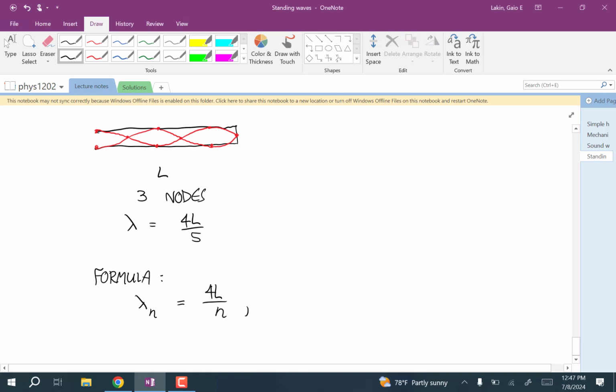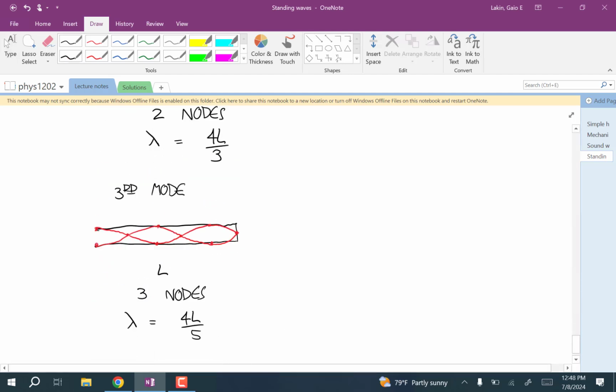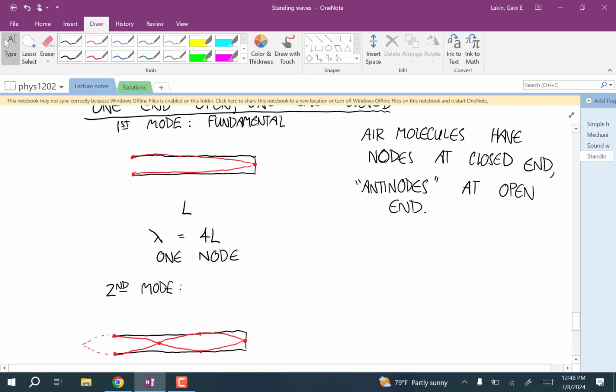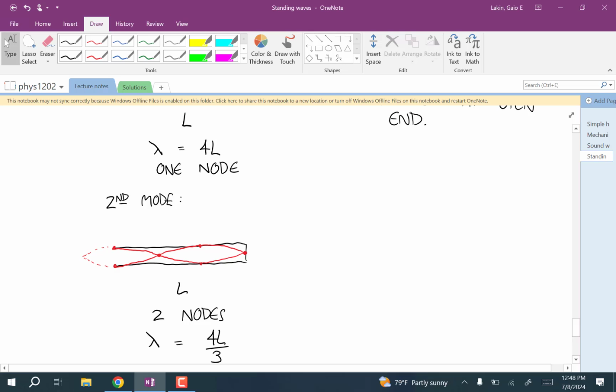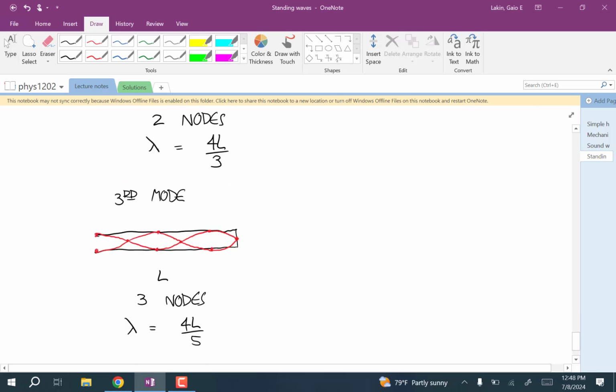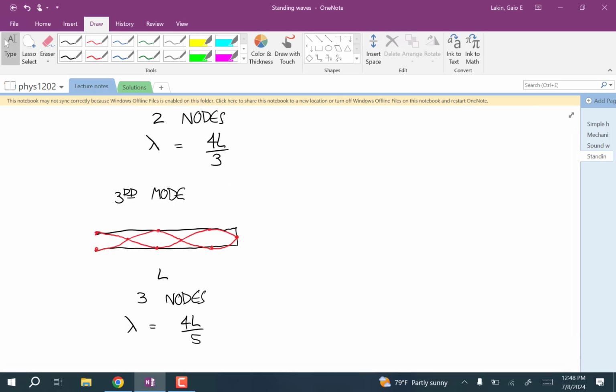But now it's not for every n, it's only for the odd n's. So n equals 1, 3, 5, and it keeps going with the odds. We could keep doing this analysis as long as we wanted, but that's the formula. And you can look back and see that it holds for all of these. For the first mode, we had 4L over 1. For the second mode, 4L over 3. For the third, 4L over 5.